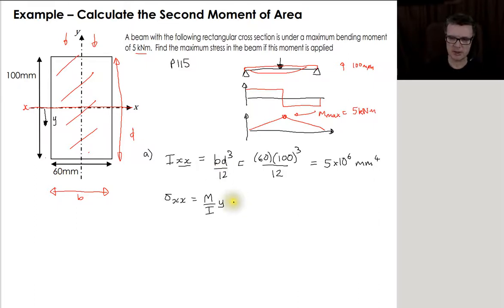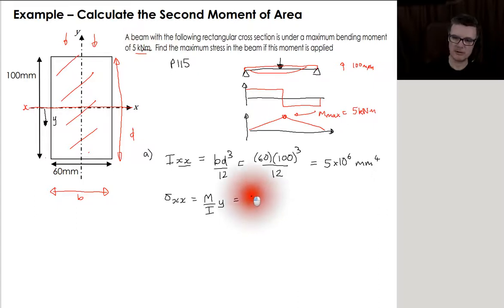So let's put that in. We're going to take our 5 kilonewton meters. I'm going to convert everything into meters, because here we've got Newton meters, so we're working in meters.